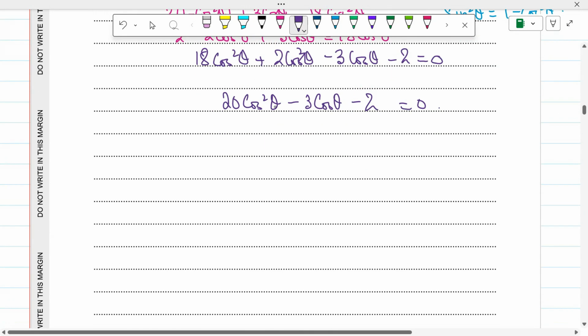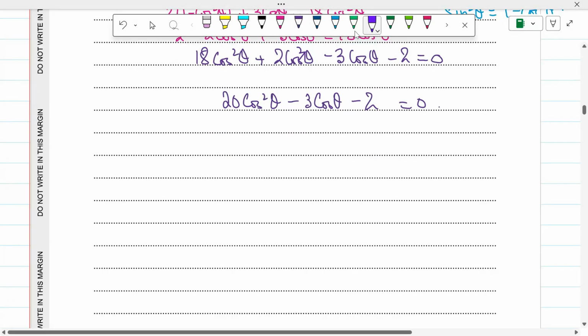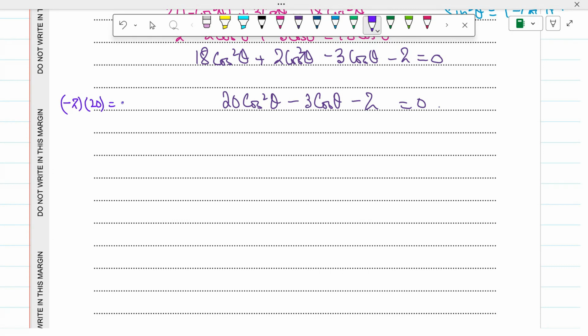This is a quadratic equation, and it can be solved by factorization. For example, negative 8 times positive 5 is equal to negative 40, and when we add negative 8 plus 5 it is equal to negative 3.